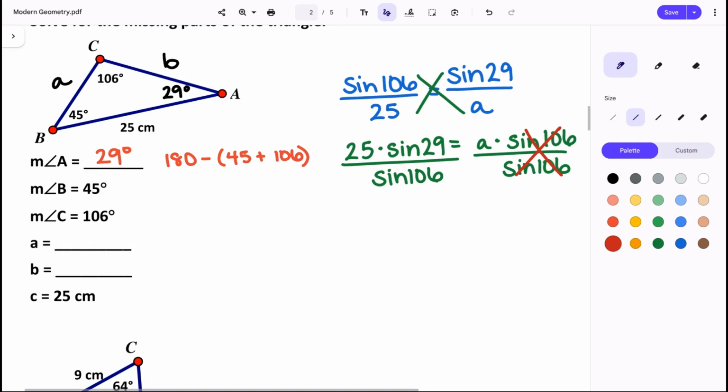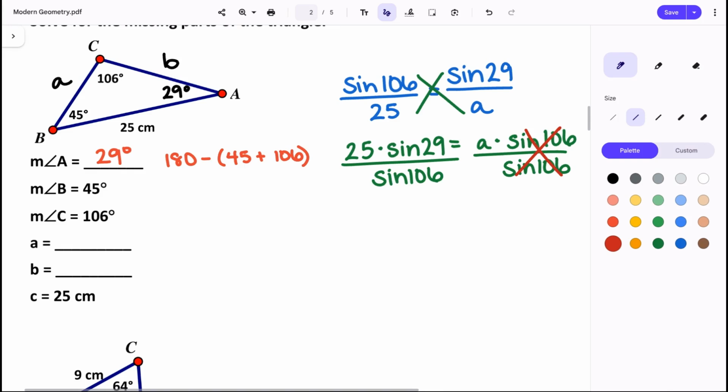If you're just beginning, take 25 times the sine of 29. You know how to type something like that in because that's what you had to do in the last unit when we were solving for sides on triangles. Make sure you close your parentheses, okay? Once you get that answer, then you can just divide it by the sine of 106.